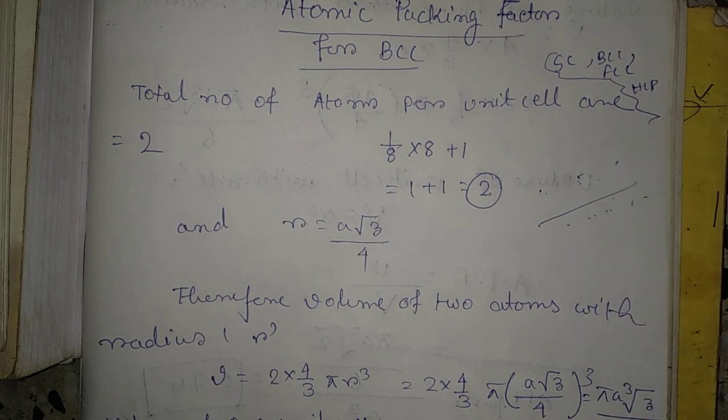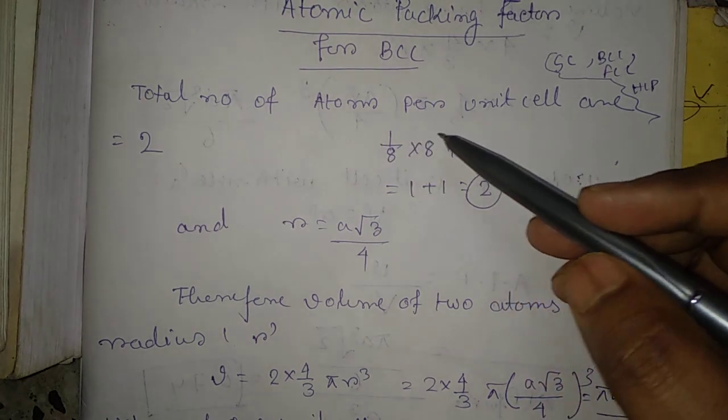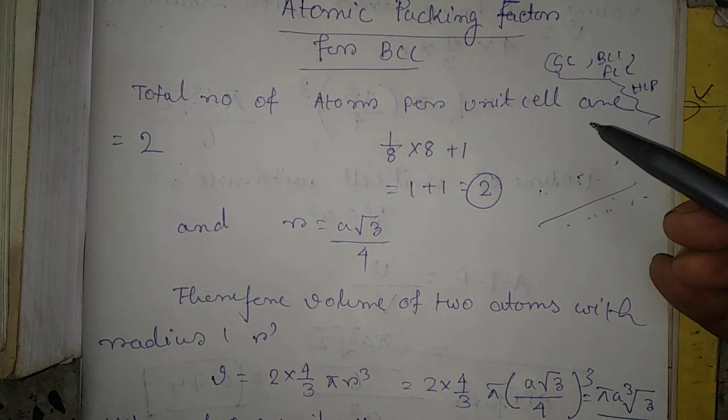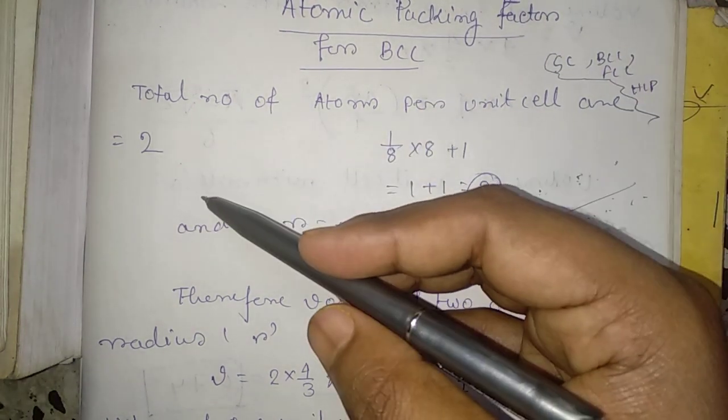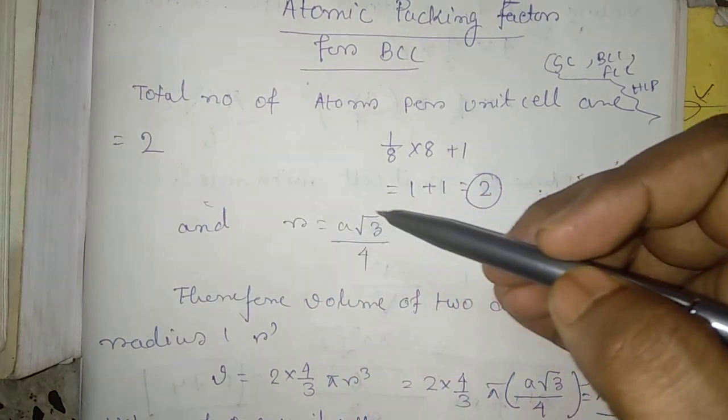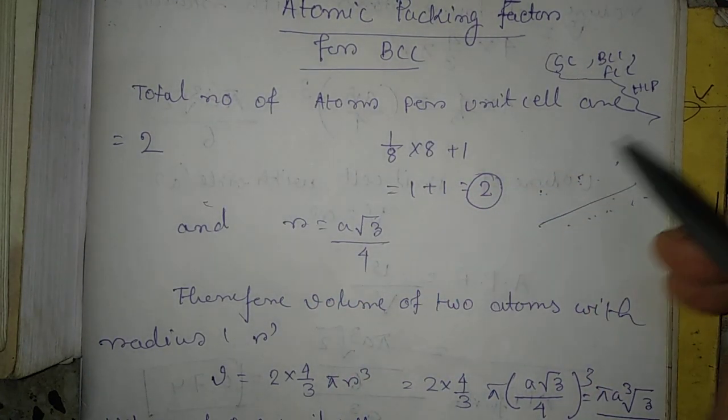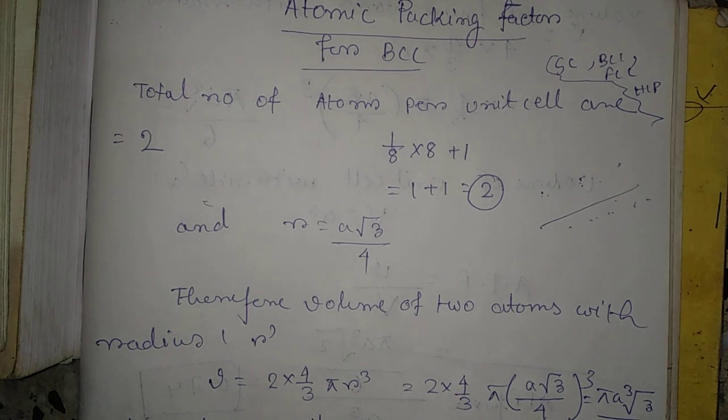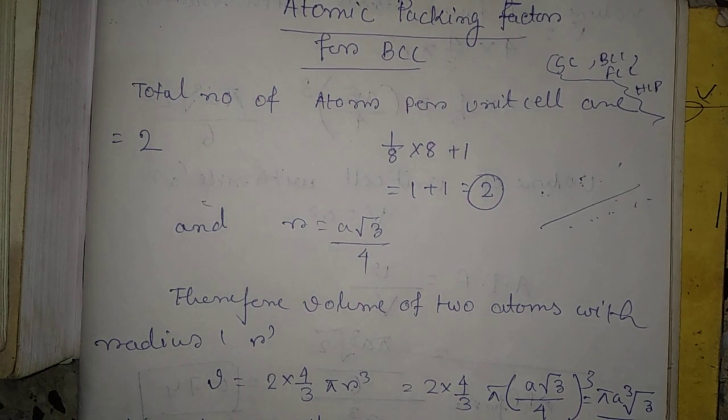Now, what is the exact number of atoms per unit cell in the case of the body centered cubic structure? That is basically 2. How is it? For the body centered cubic structure, there are 8 atoms at the 8 corners. That does not mean that all 8 atoms exist in one single BCC structure.